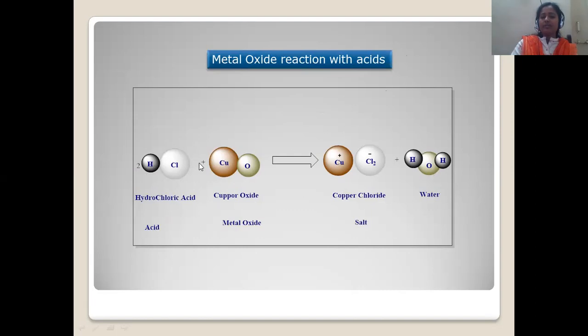This is the same observation as when an acid is treated with a base. Even though it is a metal oxide, it is basic in nature, so when hydrochloric acid is mixed with copper oxide, copper chloride and water are formed. This is a possible reaction between a metal oxide and hydrochloric acid.